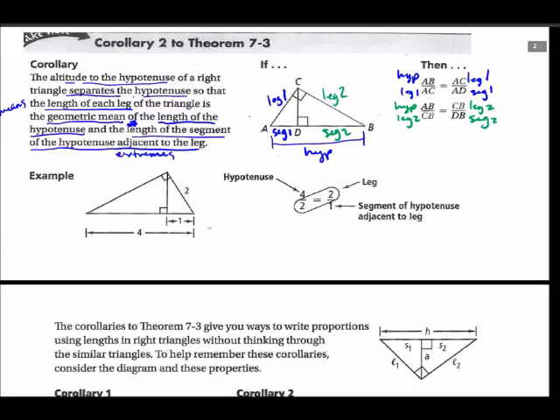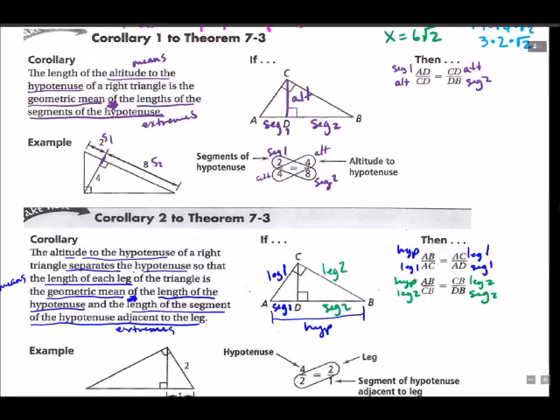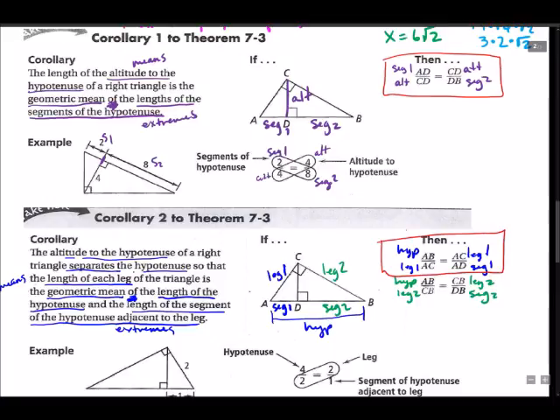So we have two formulas here, one for each leg. So if we look at all of our formulas here, we have one that deals with the altitude and the hypotenuse, the segments of the hypotenuse. One that deals with the left leg and the hypotenuse, and one that deals with the right leg and the hypotenuse.